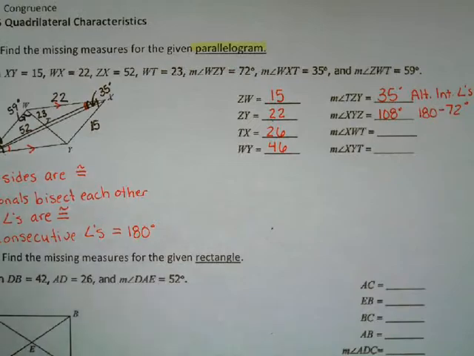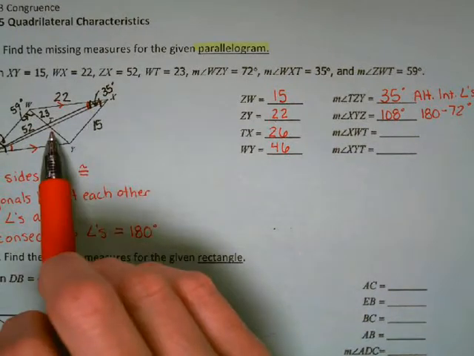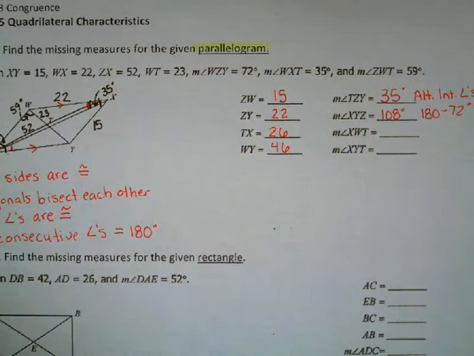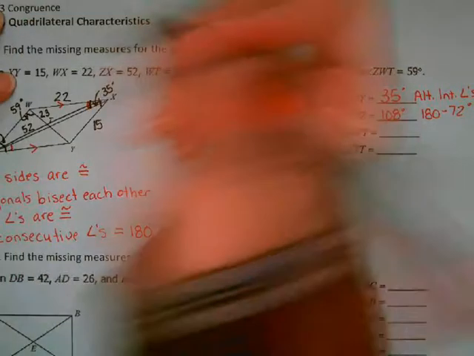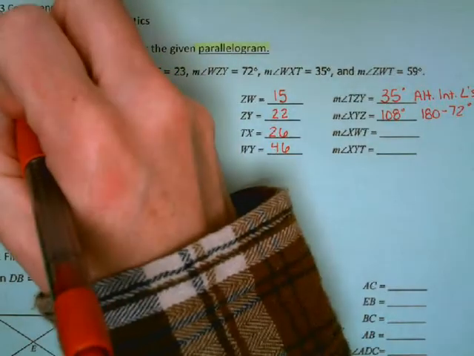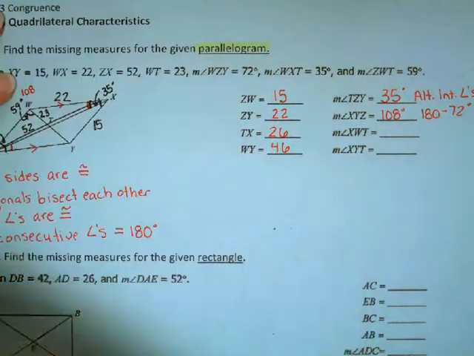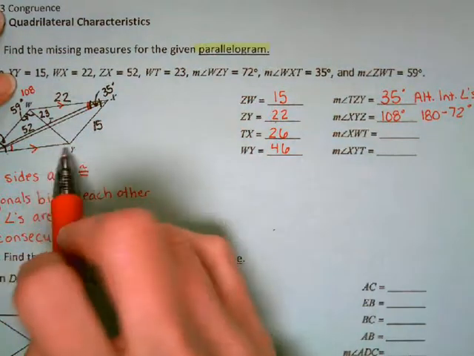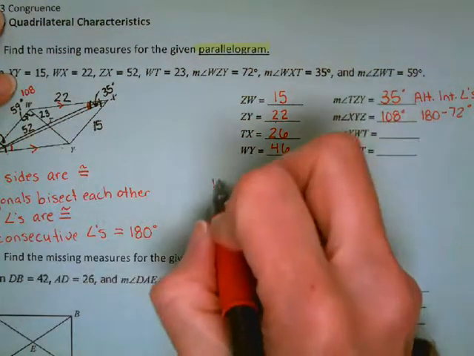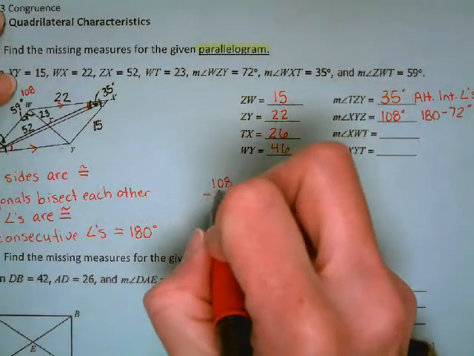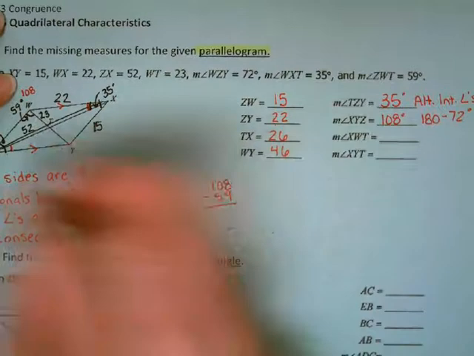Let's see, XWT. Well, I kind of know that this angle here, W, there's a couple different ways to do this, but I figured out if this is 108, because this one's 108 and opposite angles are congruent, I'm going to take 108 minus 59 and figure out what the other side of that one is.